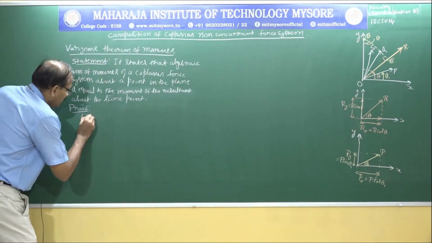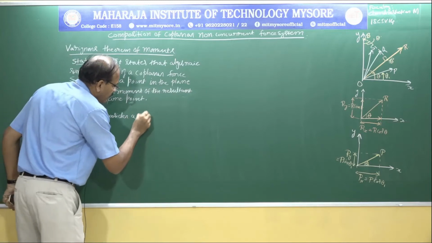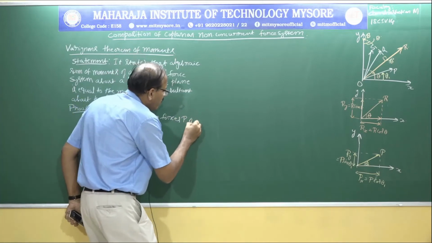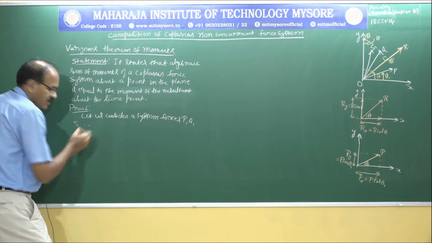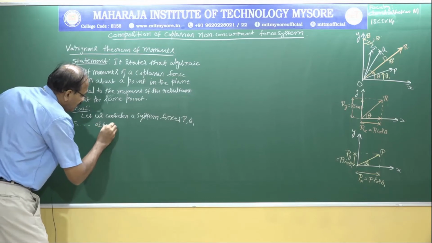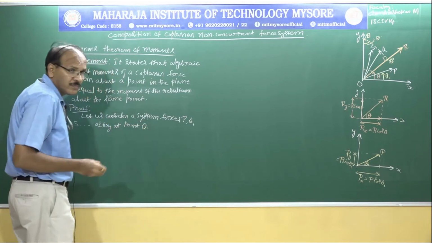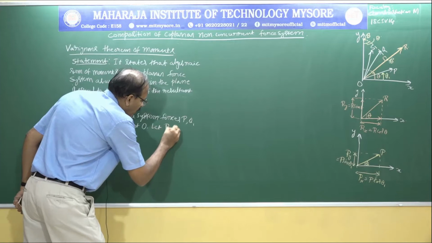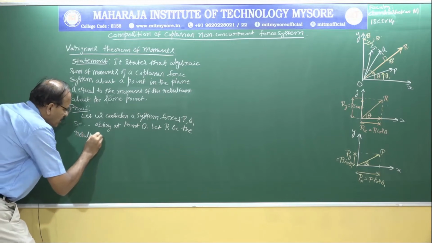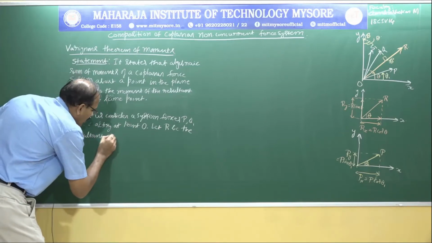Now, let us consider a system of forces P, Q, S, etc. acting at point O. Let R be the resultant of those forces.